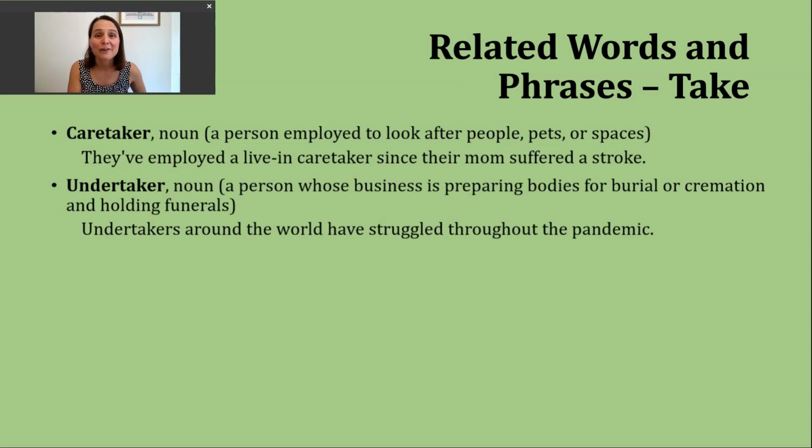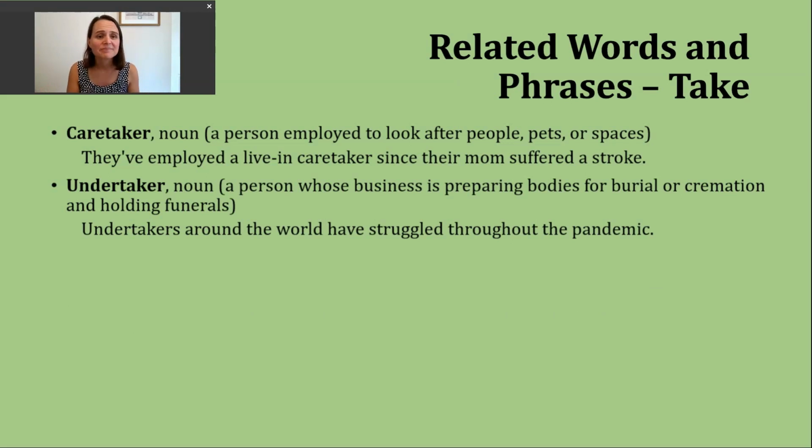A second noun you might hear is undertaker. This is a person whose business is to work with the deceased and prepare their bodies either for burial or cremation. They might also be involved in holding visitations, funerals, other rituals that are common as we mourn the loss of someone.